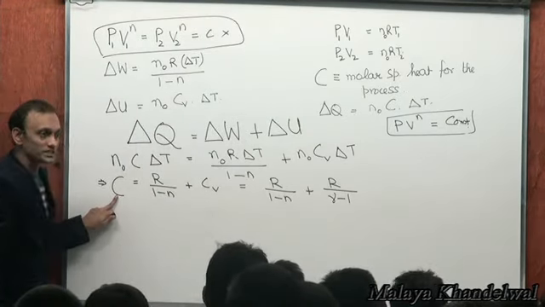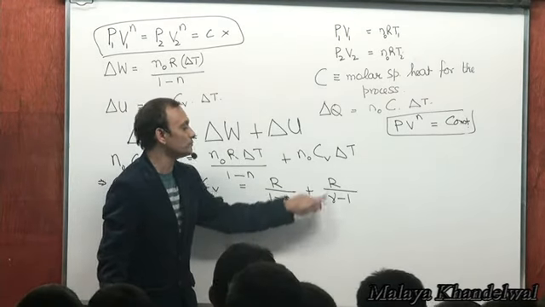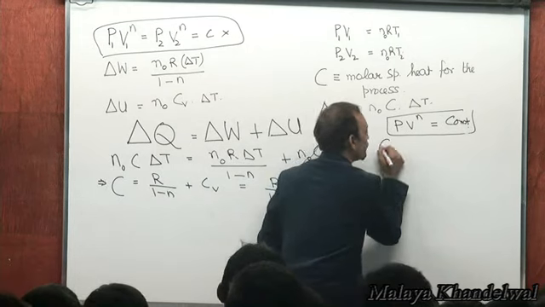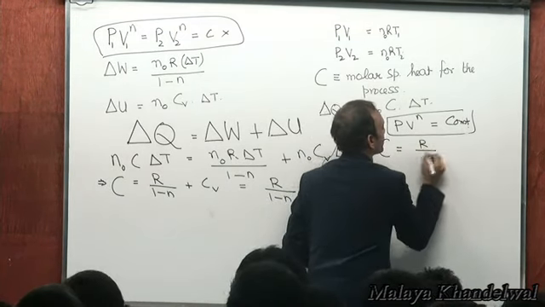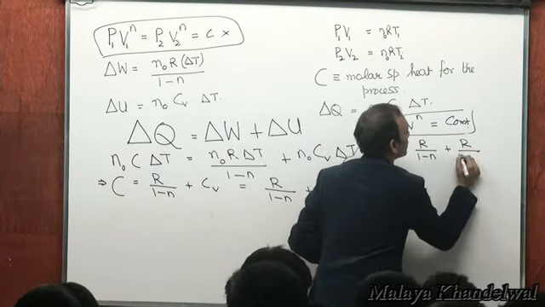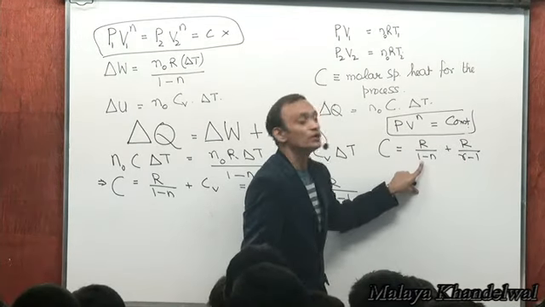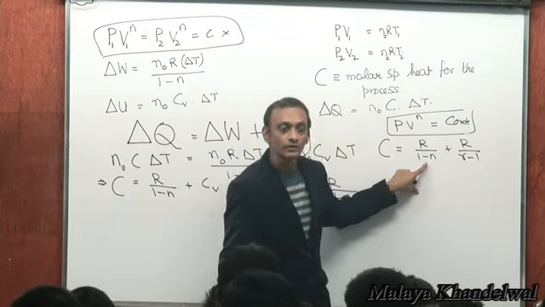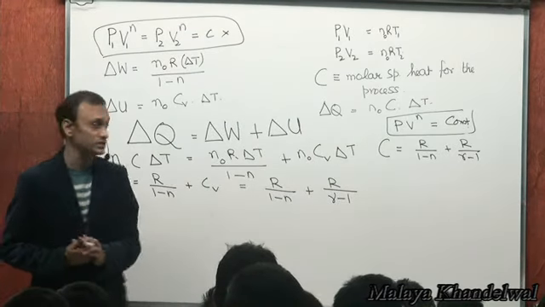So don't mix it up. And that turns out to be R by 1 minus n plus R by gamma minus 1. So C for the process, molar specific heat for the process, is R by 1 minus n plus CV. CV is R by gamma minus 1. This is the gas dependent entity. This is the process dependent entity. So this is how you obtain the molar specific heat for the process.